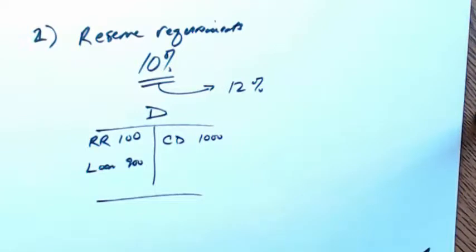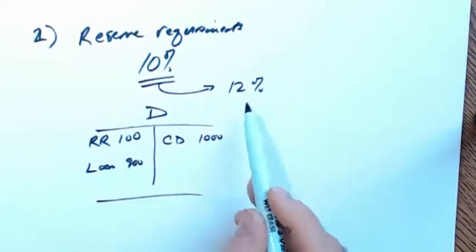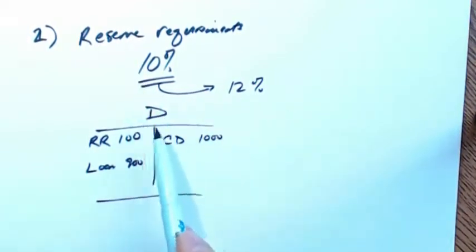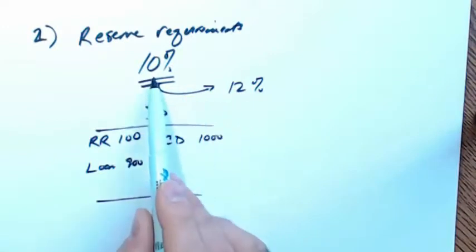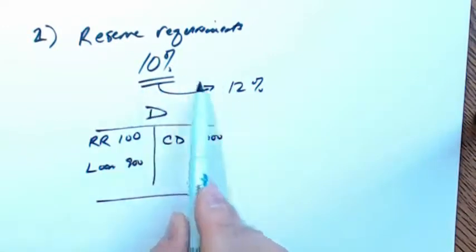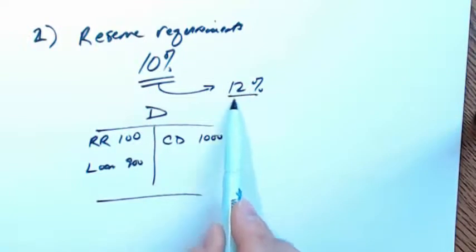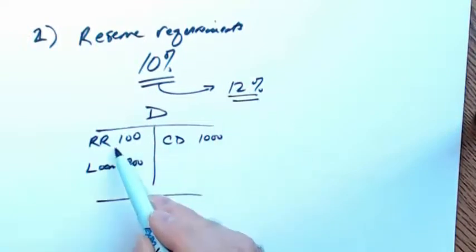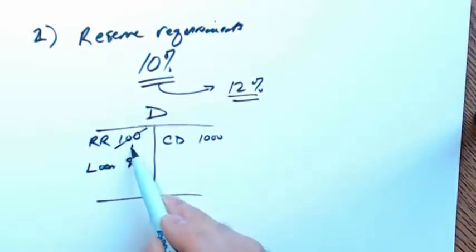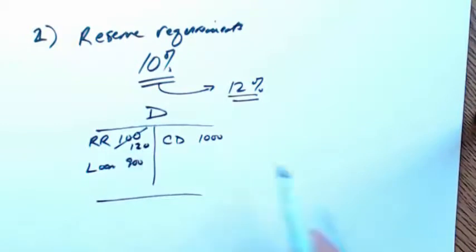So there's a bank sitting there, and then suddenly the Fed says, we're changing the reserve requirement and moving it up to 12%. What that means is this bank now has to hold 12%. And that means it's going to have to liquidate 20 of its loans. It's going to have to drop its loans down to 880. So this stays at 1,000. Things have to balance.